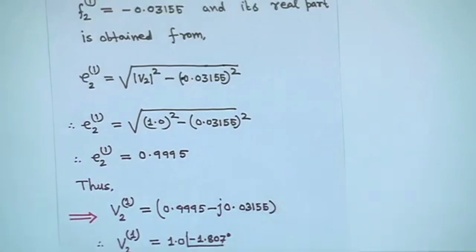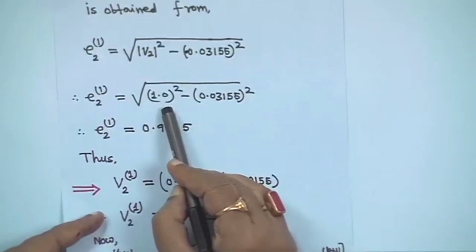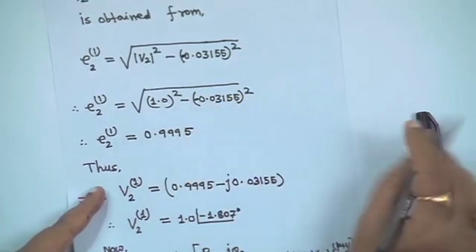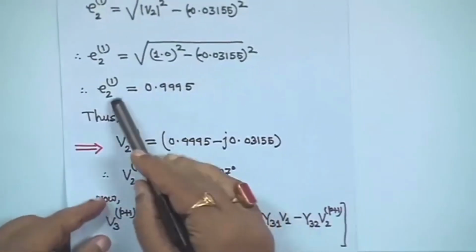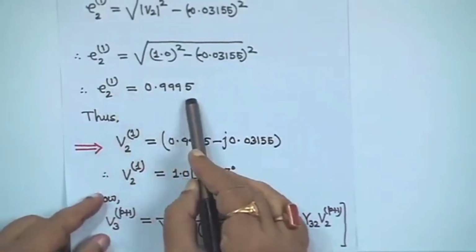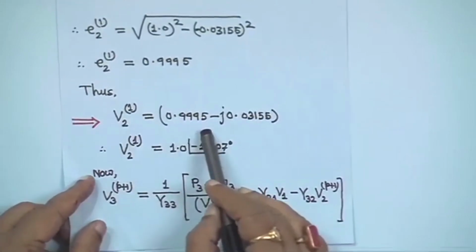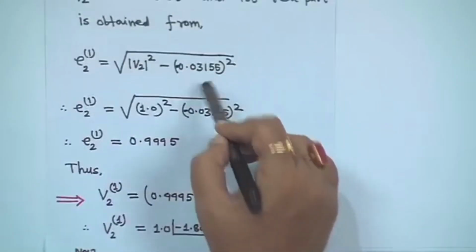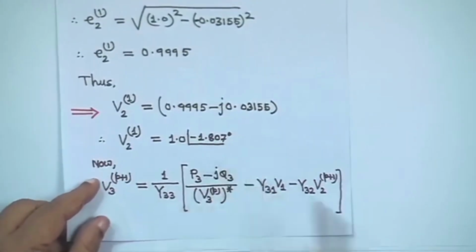But V2 will be held constant at 1, so this one we have kept fixed, right. Here also the minus was missed, so this is also minus, right. That means it will become E2^1, that is 0.9995. Then V2^1 is 0.9995 minus this one, which will give you magnitude 1, because based on that only we got this E, and its angle is minus 1.807 degree.